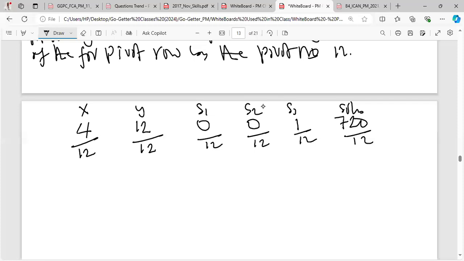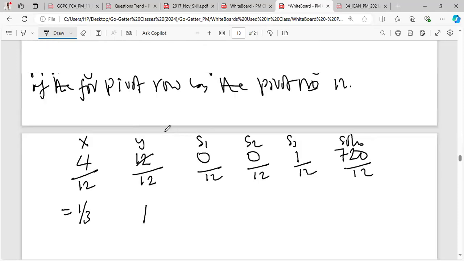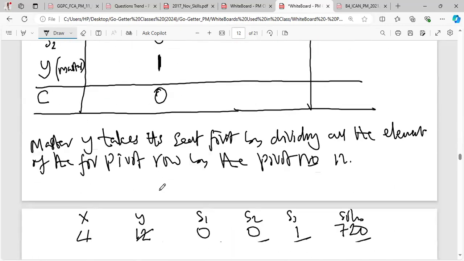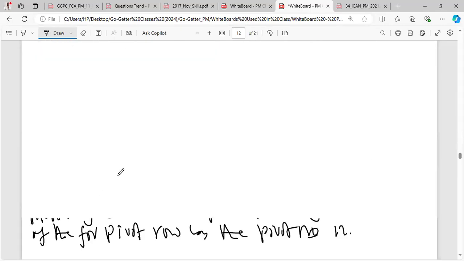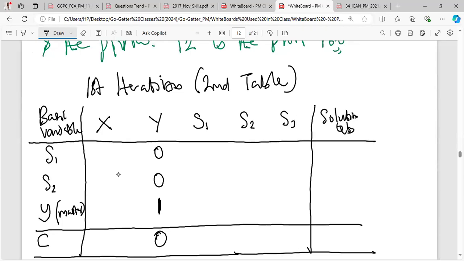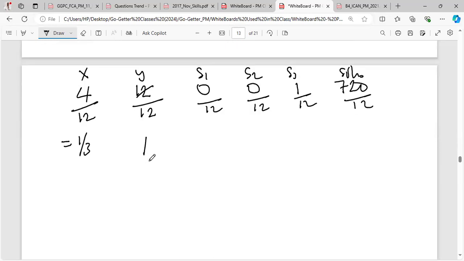So 4 over 12 is as good as 1 over 3. Leave it as 1 over 3. 12 over 12 will give you 1. So you see we have achieved that 1 here. Let's put it down: 1 over 3, and we have 1 here.